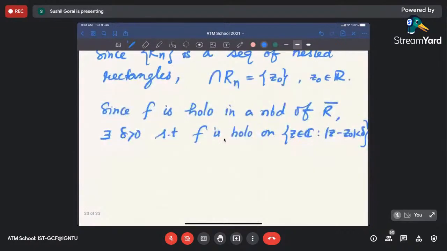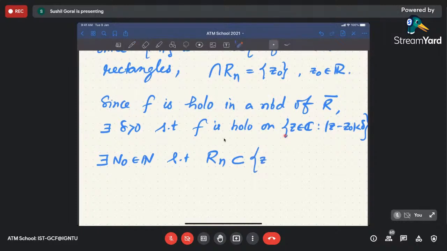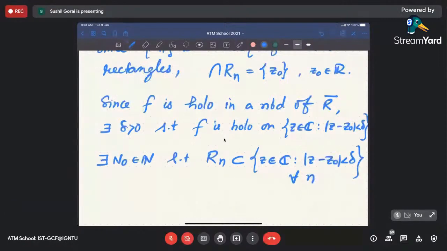And since the diameter of Rn converges to 0, for this delta there will exist an n0 natural number such that Rn will lie in this set, Z in C such that mod of Z minus Z0 less than delta. And this is true for all n greater than n0. All right. Is this clear? Is there any question here?